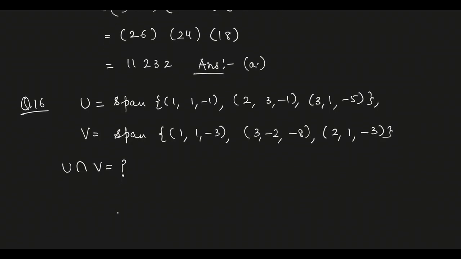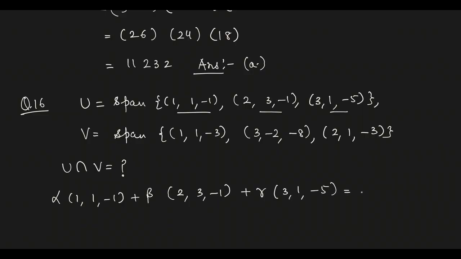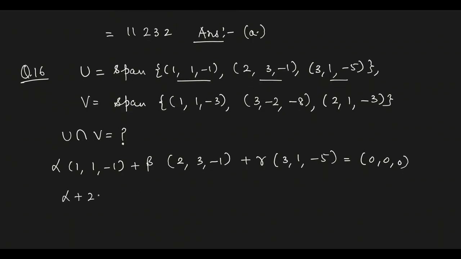So firstly, what you can do here is form the linear combination of these three vectors: alpha (1, 1, minus 1) plus beta (2, 3, minus 1) plus gamma (3, 1, minus 5) equal to (0, 0, 0). So you will get alpha plus 2 beta plus 3 gamma equal to 0, alpha plus 3 beta plus gamma equal to 0, minus alpha minus beta minus 5 gamma equal to 0.